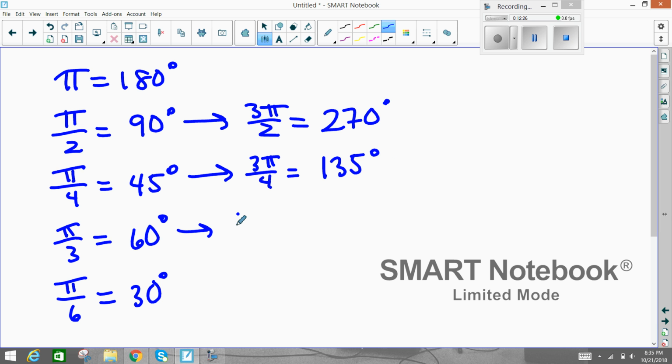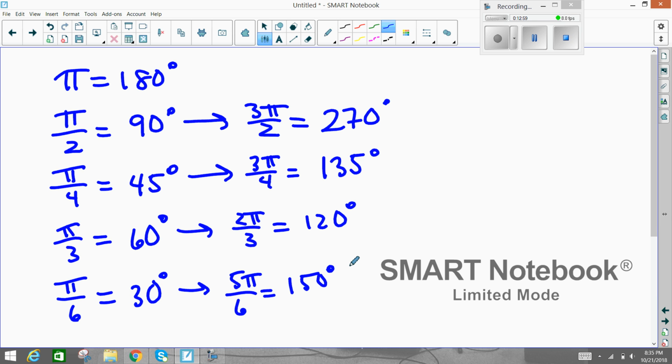Pi over 3, 2 pi over 3 is equal to 2 60s, which is 120 degrees. Pi over 6, well, we don't have 2 pi over 6, or 3 pi over 6, or 4 pi over 6, because as you can see, those would all reduce. But we could have 5 pi over 6. 5 pi over 6 would be 5 30s, which is 150 degrees. Pretty cool, right?